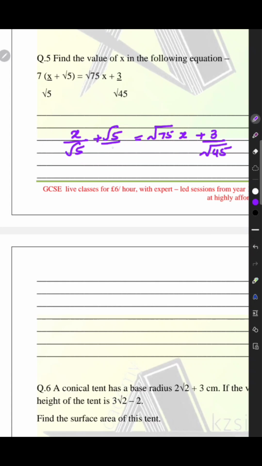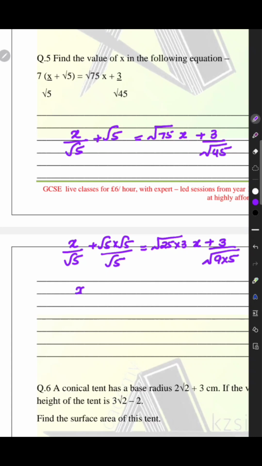Obviously the denominator of this is 1, so the LCM is root 5. So I have to make this root 5. So how can I make this root 5? x over root 5. I can make this by multiplying by root 5 and dividing by root 5, is equal to, simplify, root 75 is 25 times 3 x plus 3 over root 45, which is 9 times 5.